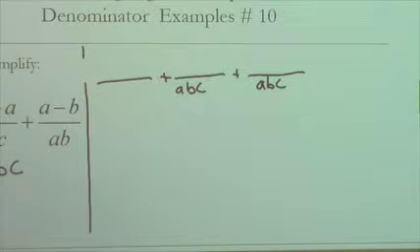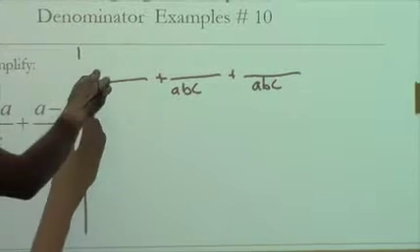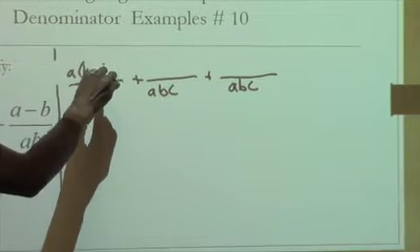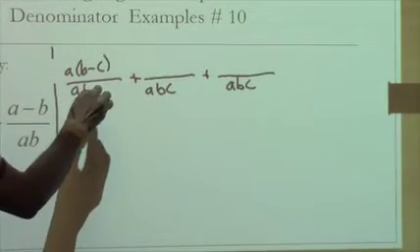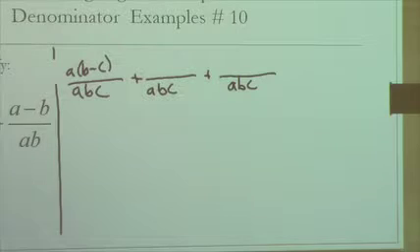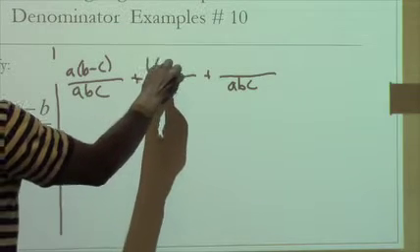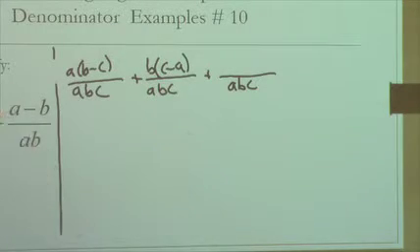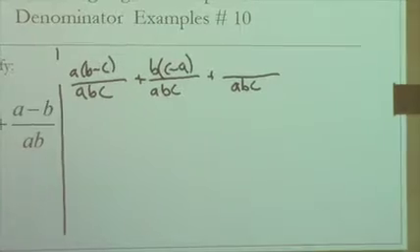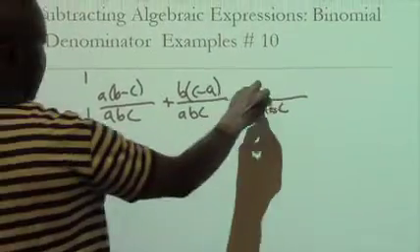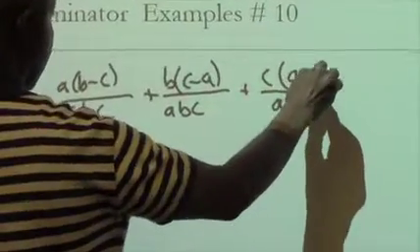If I took BC and put it into that, I'll be left with only A. So I have A times B minus C. If I took AC and put it into this, the A and the C will cancel. I'll be left with B. So I have B times what? C minus A. And if I took AB and put it into here, I'll be left with C. So I have C times A minus B.